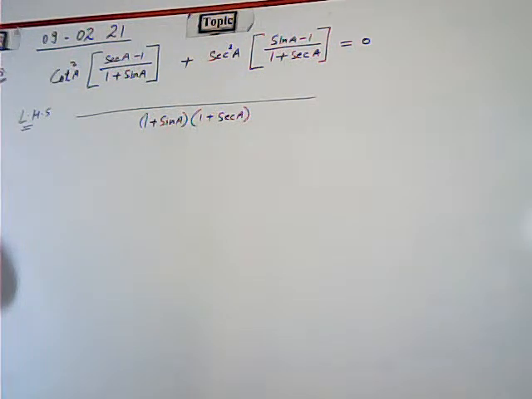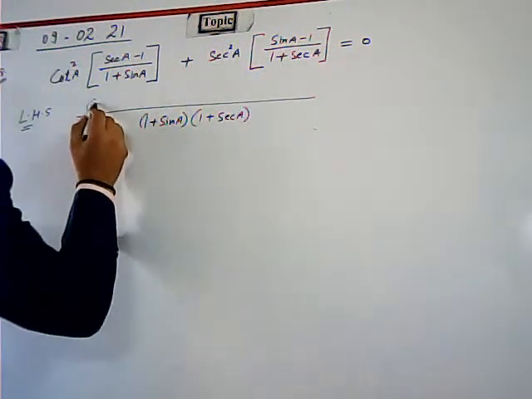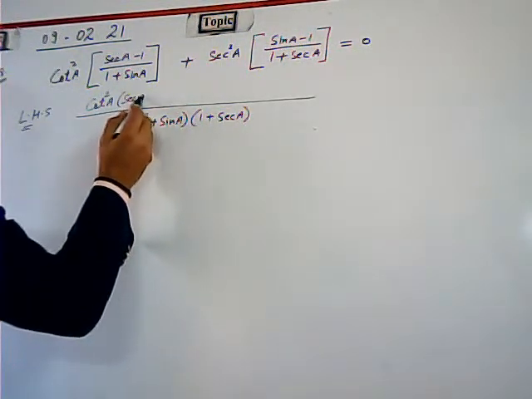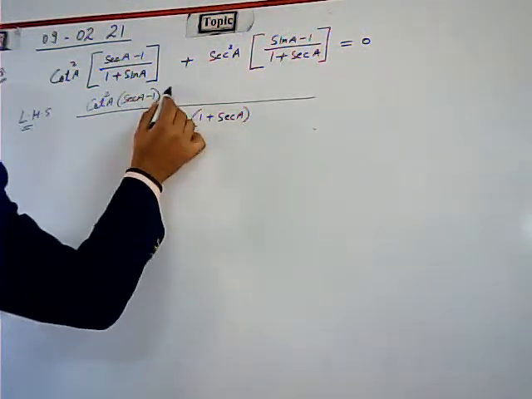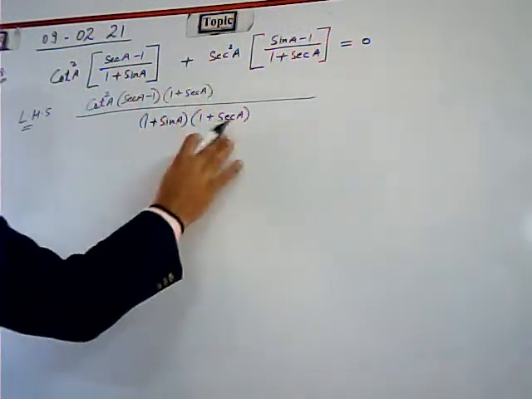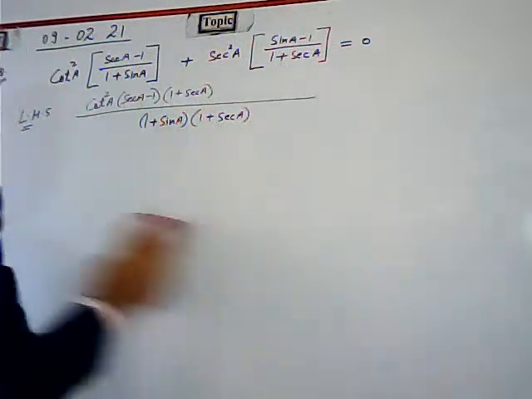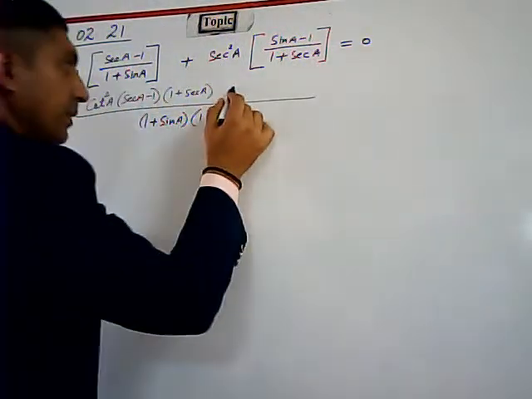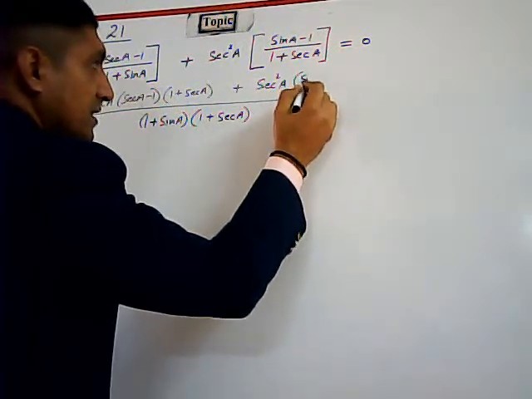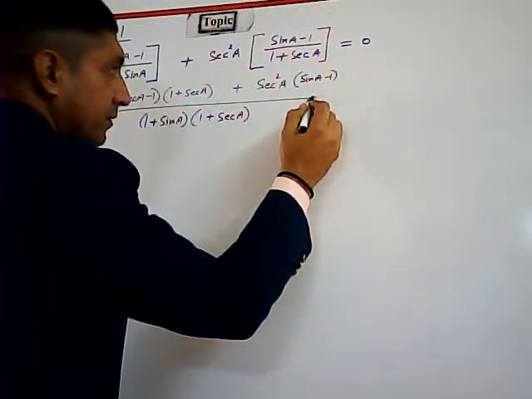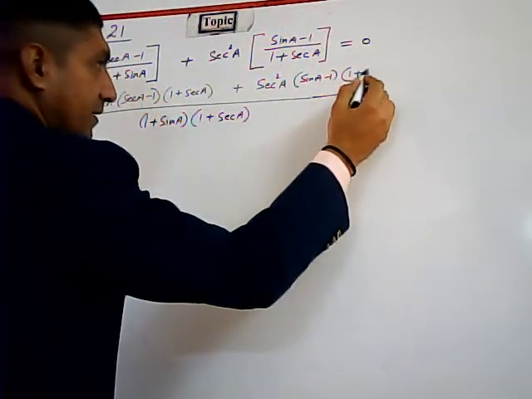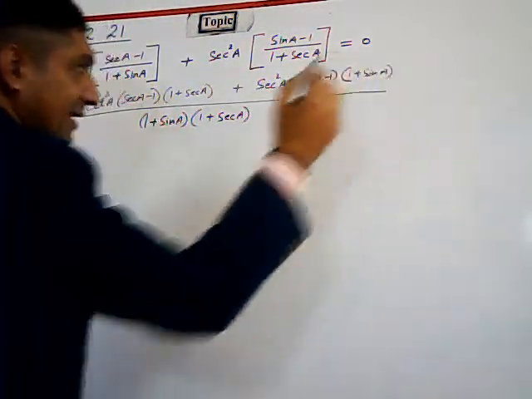So we have cotangent square A into secant A minus 1 into 1 plus secant A, and same here, plus secant square A into sine of A minus 1 into, that is again, 1 plus sine of A.